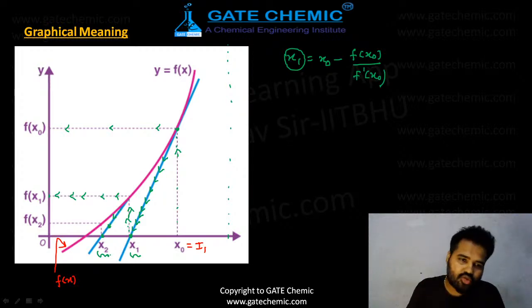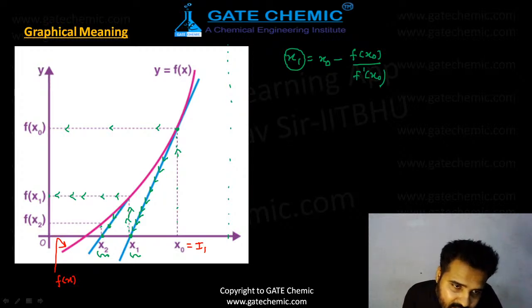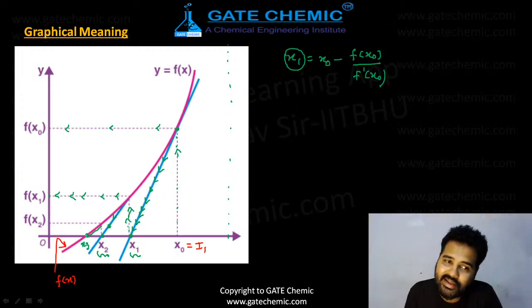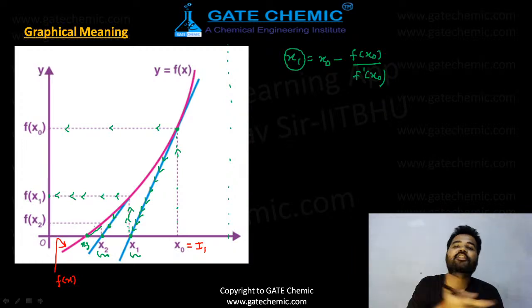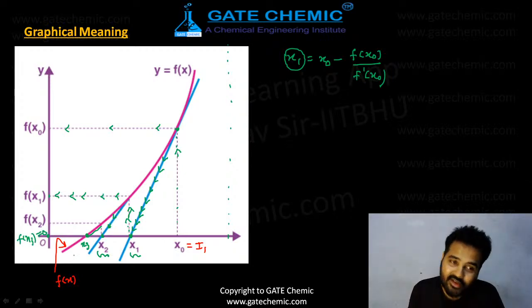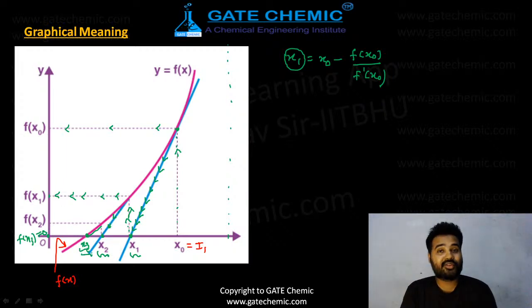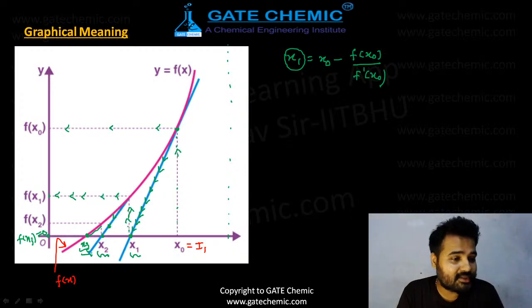This process goes on and on. Suppose here I am going to draw a tangent and it cuts at the same point from where f(x) passes. So this is my f(x3) here, that is 0. Now I got my root.